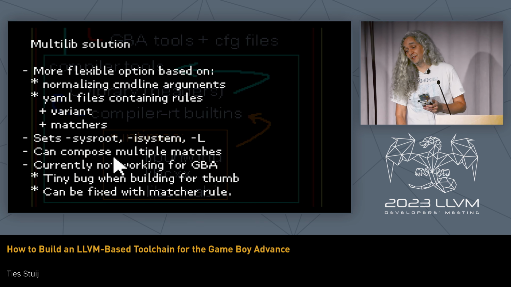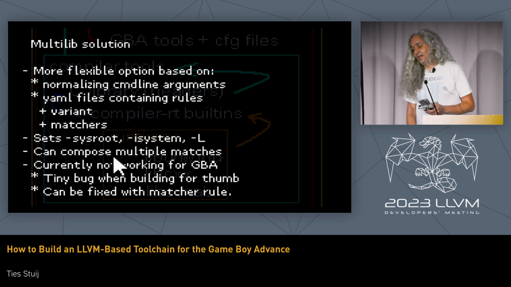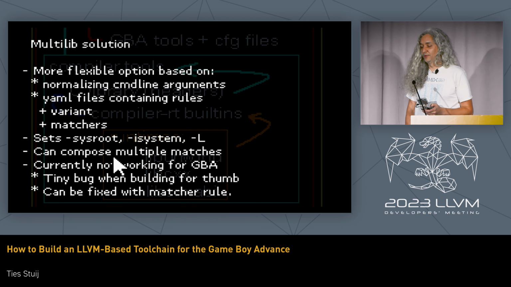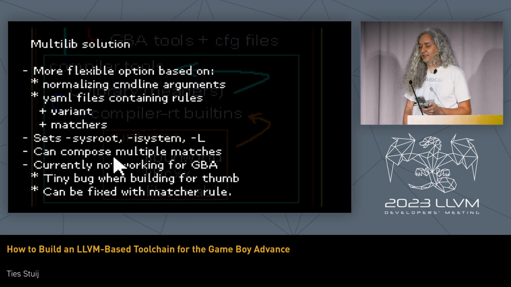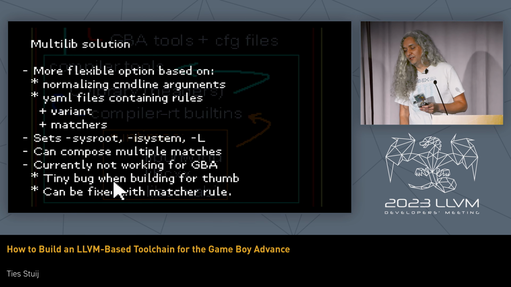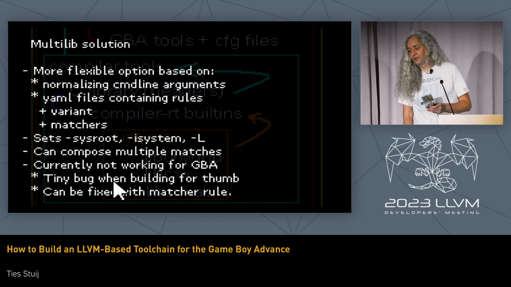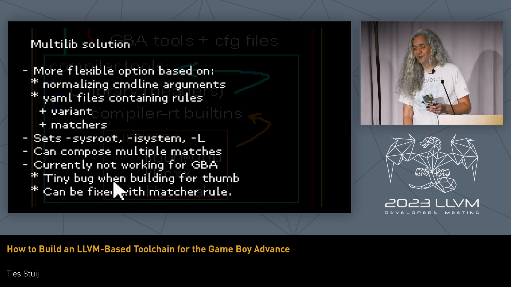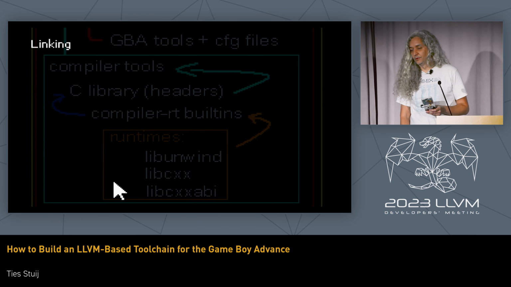Whether that's something you want is another question, and that's up to the toolchain, or your specific target, to decide how to use this infrastructure. What didn't work for the Game Boy Advance was because of a tiny bug. When you define that you're going to compile for thumb, it will put that into the target triple, which we weren't ready for, but you can change that with your matcher rule.